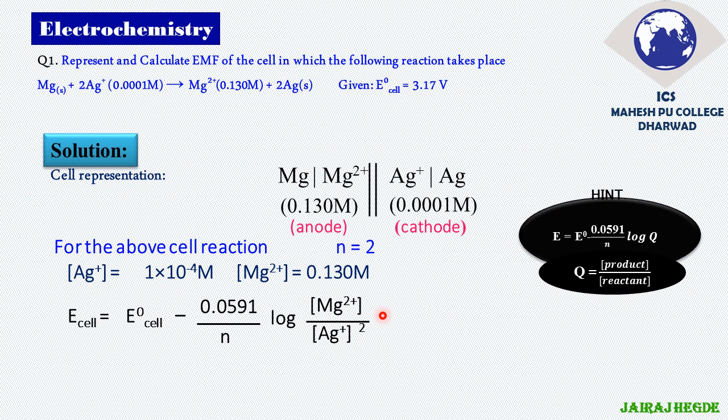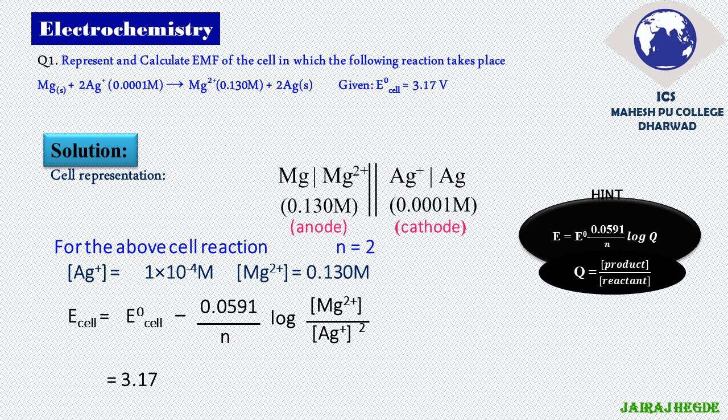This is a very important question in the NCERT solved questions. Usually students forget here Mg2+ by Ag+ square. Why do we have the square? Because the coefficients are to be brought to the power, or in other words, the product of concentrations of reactants. Here we have 2 Ag+, so it will be Ag+ into Ag+, Ag+ square.